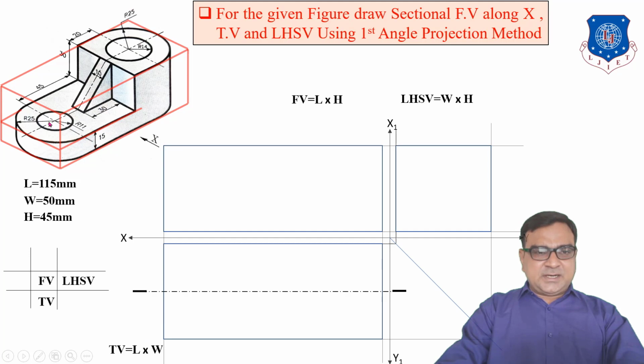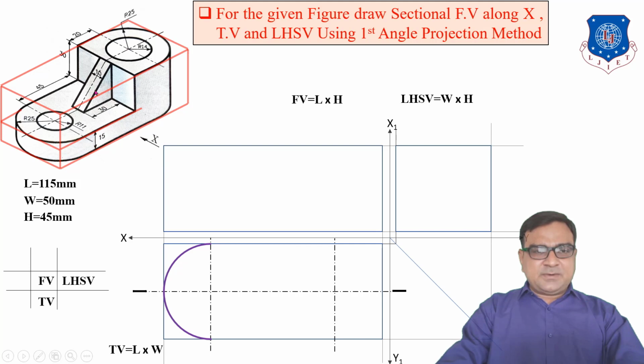This is a center line in 3D; the object is symmetrical about this line. Now this part is a semicircle, and in the top view it looks true. Before that, we have to draw two vertical center lines which intersect this horizontal line.